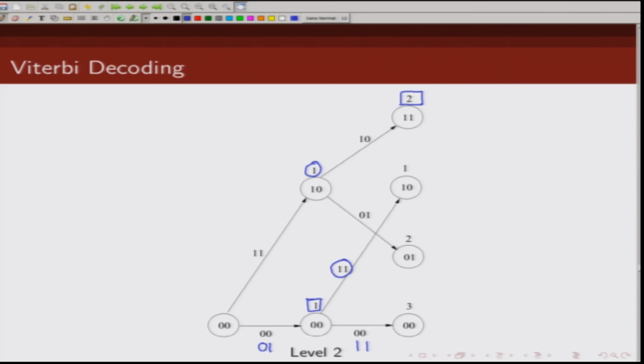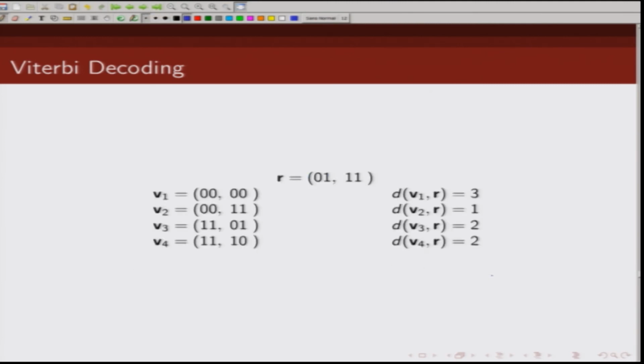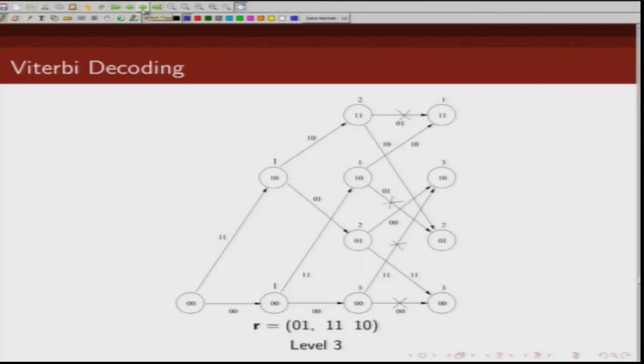And similarly, here the partial path metric is 1, and the branch metric in this case is 2. So, 1 plus 2, so the partial path metric here is 3. And this is what I have also illustrated here. Our receive sequence was 0 1 and basically these are the Hamming distances between the code sequence and the receive sequence.